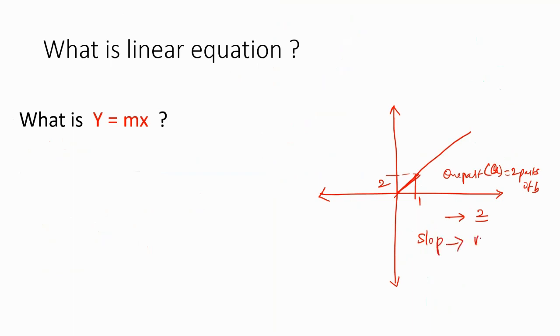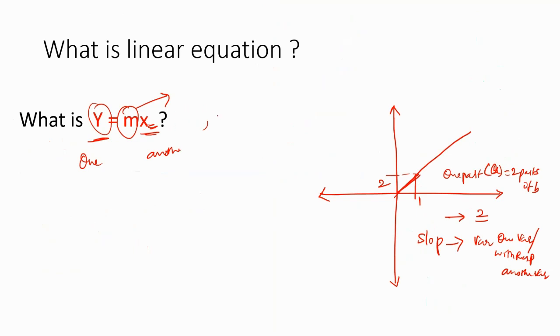So it is defined as the variation of one variable with respect to another variable. In this equation, y is one variable and x is another variable, and the value of m tells us how the value of y is varying with the value of x.